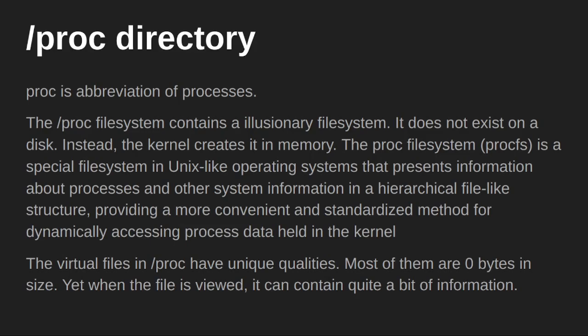The proc file system is a special file system in Unix-like operating systems that presents information about processes and other system information in a hierarchical file-like structure, providing a more convenient and standardized method for dynamically accessing process data held in the kernel.